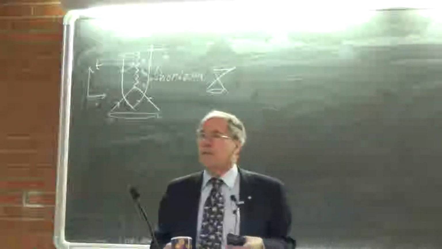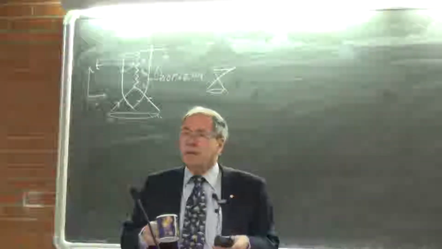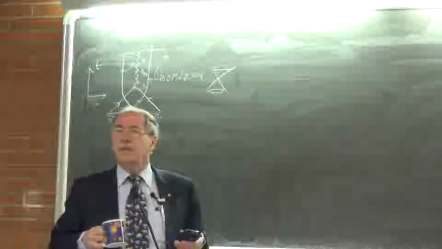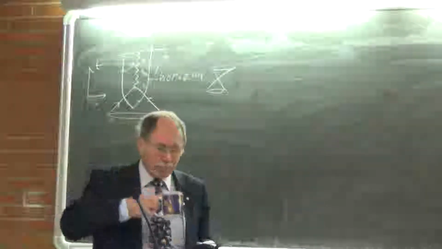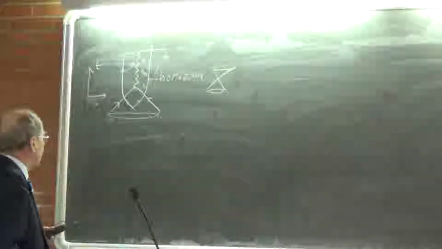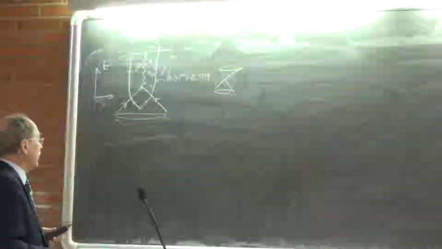You have particles, and particles capture other particles, and modification takes place at every scale. Of course, modifications will be tiny, but they'll still be there. So the claim now is that this is actually also true for Hawking radiation.